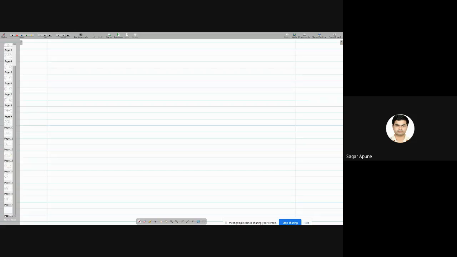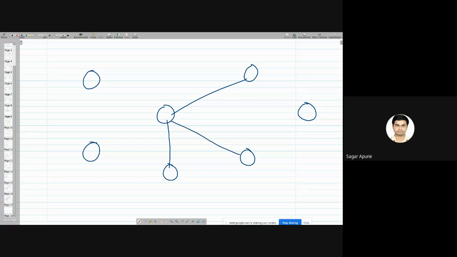Tell me how many articulation points are in my next graph. Suppose my graph is 1 2 3, 4 5, 6 7, labeled A, B, C, D, E, F, G. Tell me how many articulation points are there, or which is the articulation point or cut vertex in this graph?